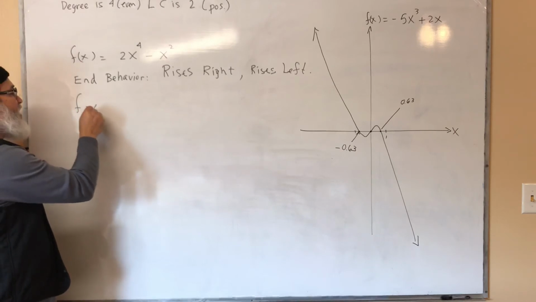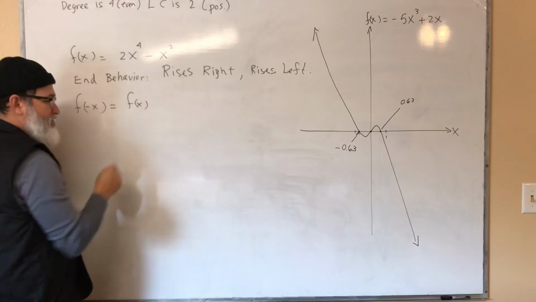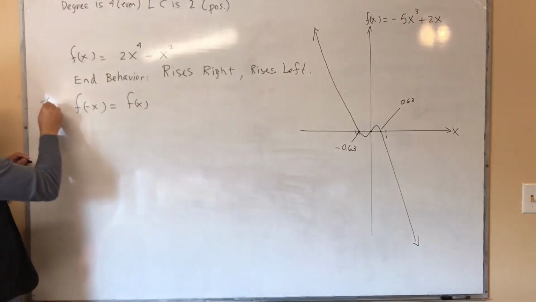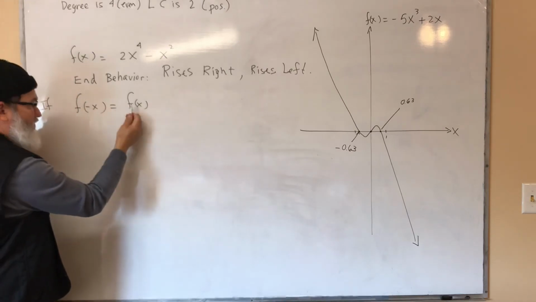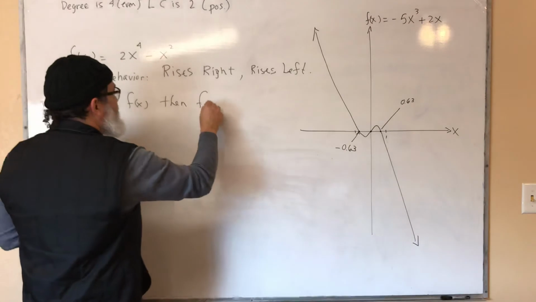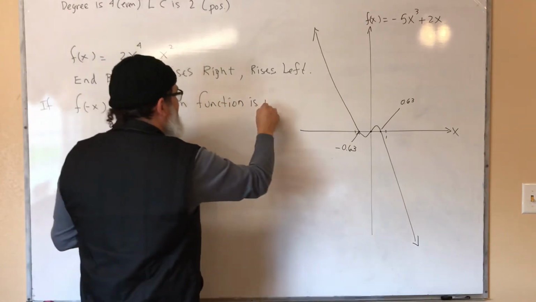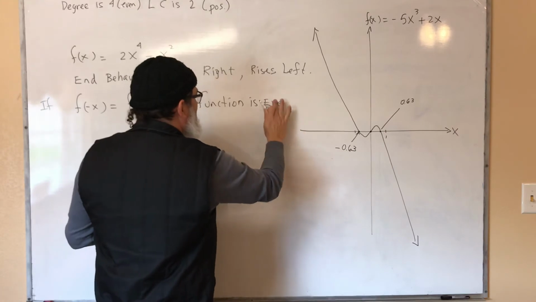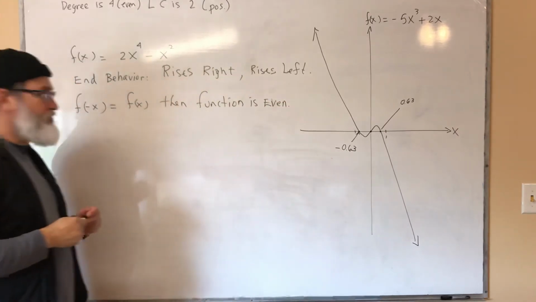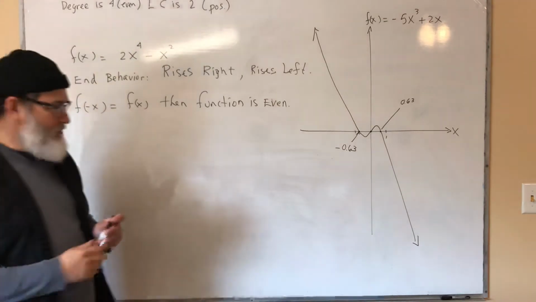If f of negative x equals the same thing again, if this is equal to f of x again, then the function is even. And what does that mean? What does it mean to be even?